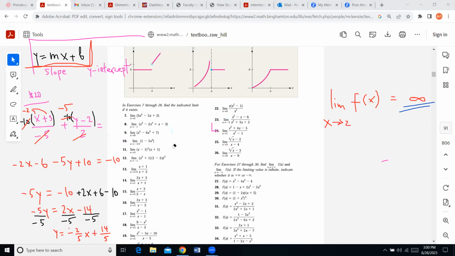So how about if I try exercise number 7, where we have a limit of a function to find, the limit of 3x squared minus 5x plus 2 when x approaches number 2.